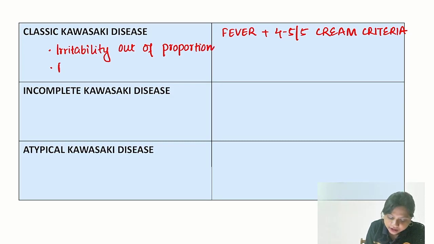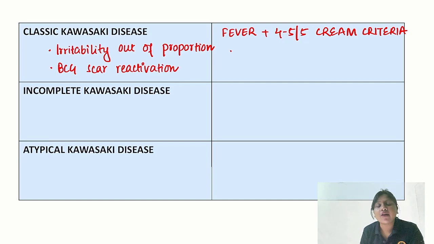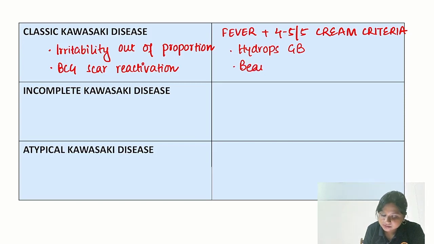We can also get BCG scar reactivation. If a child with Kawasaki disease complains of pain abdomen, you just palpate and you can get a palpable gallbladder. You can then advise for USG whole abdomen, because you can also find hydrops gallbladder. And there is a specific nail change that is known as the Beau's lines.